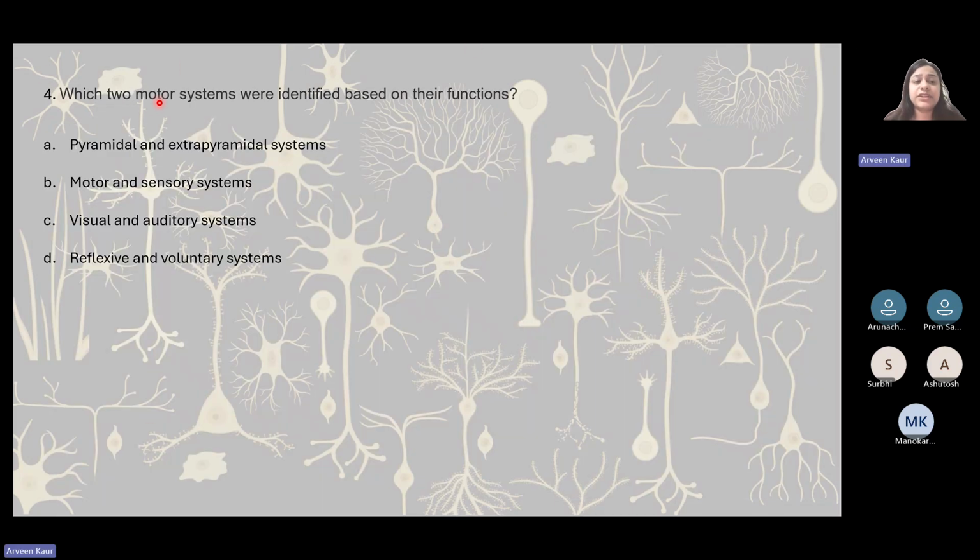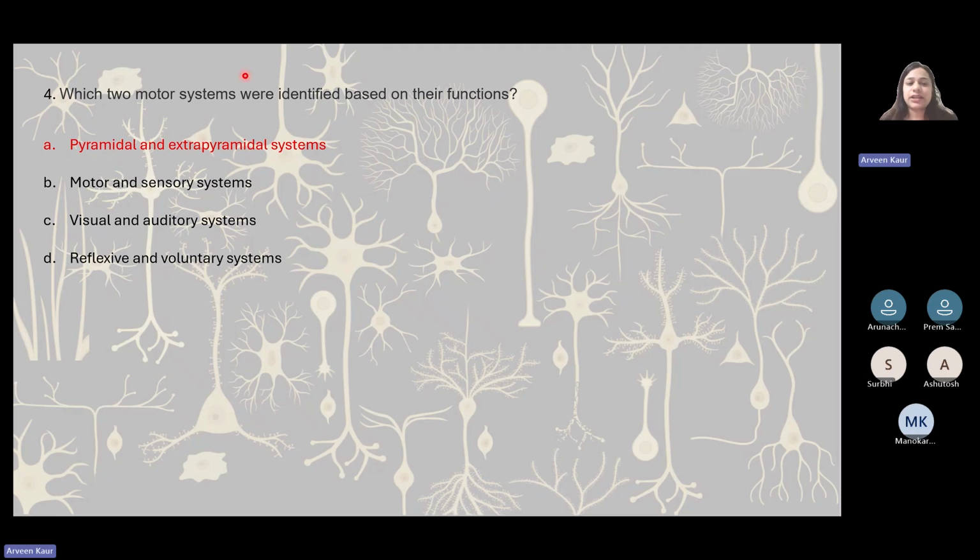Which two motor systems were identified based on their functions? Was it the pyramidal and extrapyramidal systems, the motor and sensory systems, the visual and auditory systems, or the reflexive and voluntary systems? So the answer to this one is pyramidal and extrapyramidal systems, right?